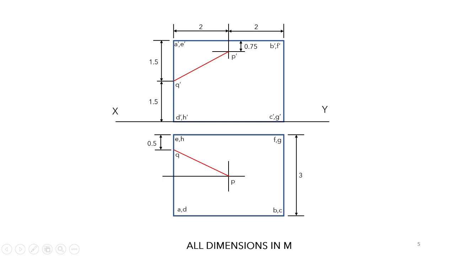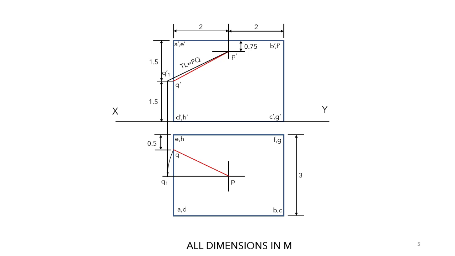But in the question, we are asked to find the true length. So how can you go from projected length to true length? The procedure is you have to rotate the line like this, and from that you have to project it onto the locus line of Q dash. Now you have to join this Q1 dash and P dash.